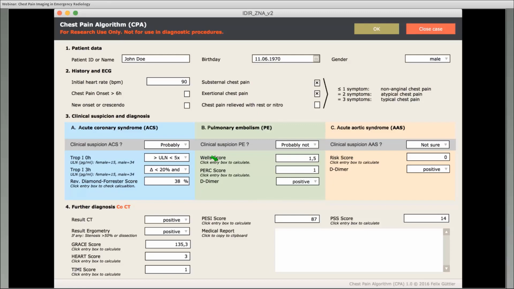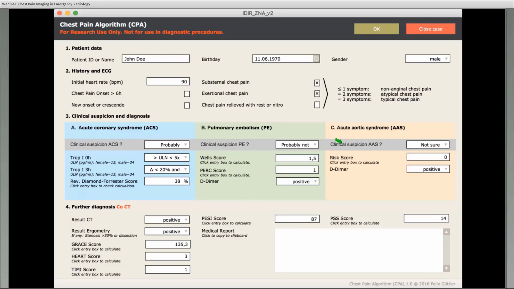These are some clinical questions on the patient's probability of having pulmonary embolism. The same applies to the AAS score, the acute aortic syndrome score, which you can use.